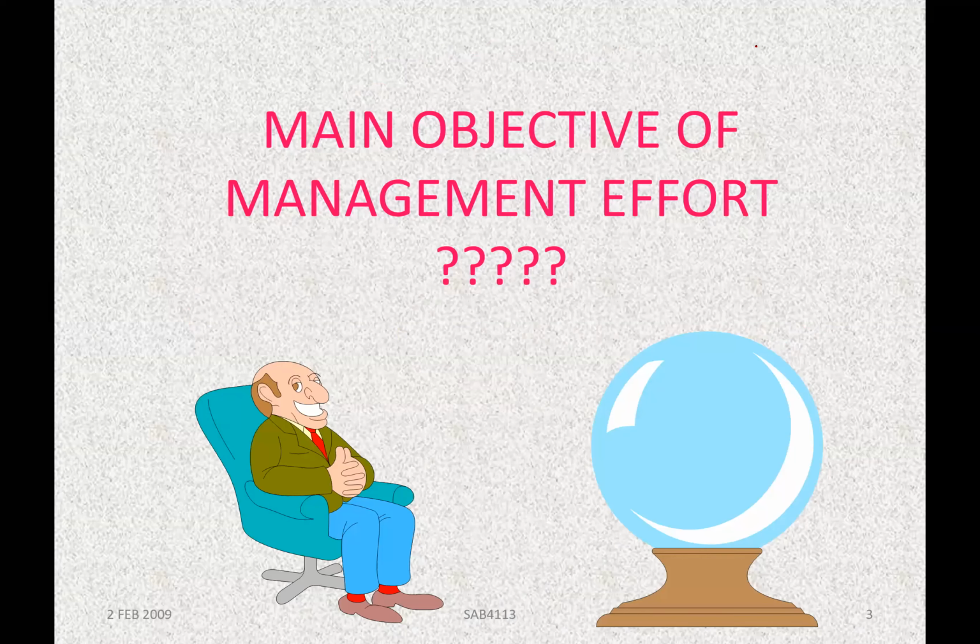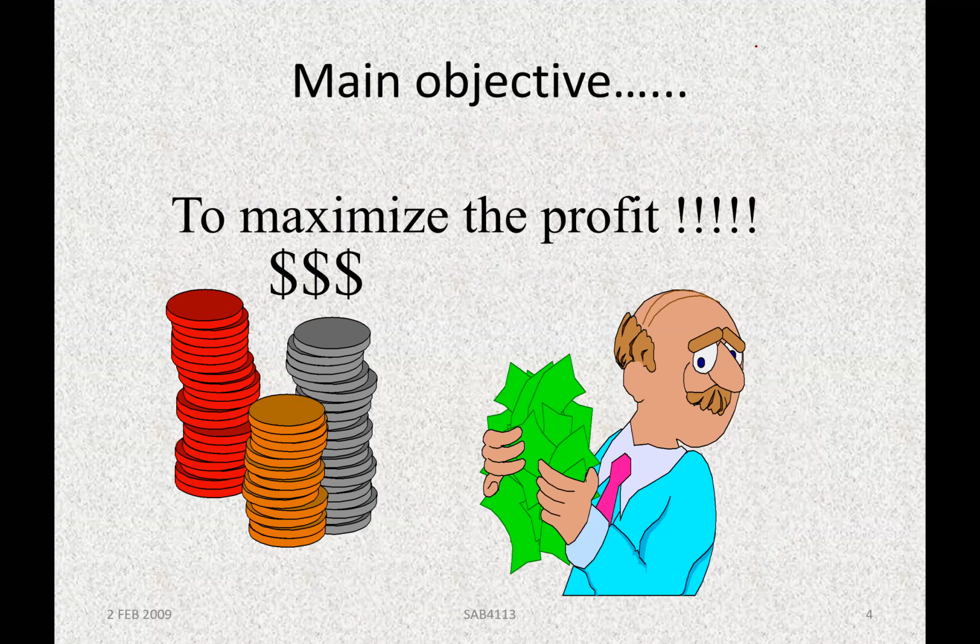Main objective of management: when people set up a business, such as a contractor, for instance, what could be their thinking? For sure, the thinking is basically to make money. In any business, except if it is an NGO or charity organization, where your objective could be different. But other than that, the normal standard of business is basically to generate some kind of money.